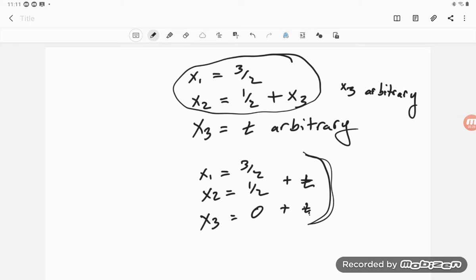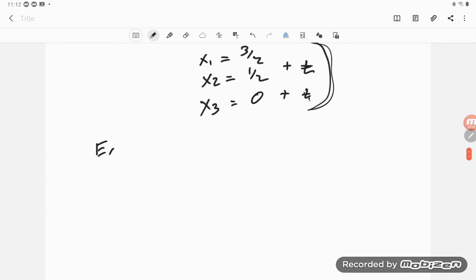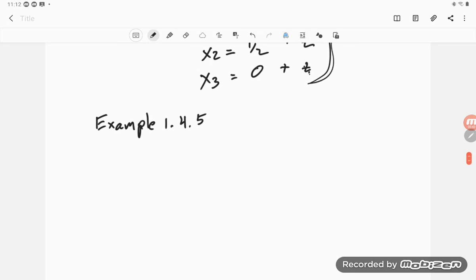We're not going to do example 1.44 on here. It's just bigger than we'd like. But let's go down here and look at example 1.4.5.